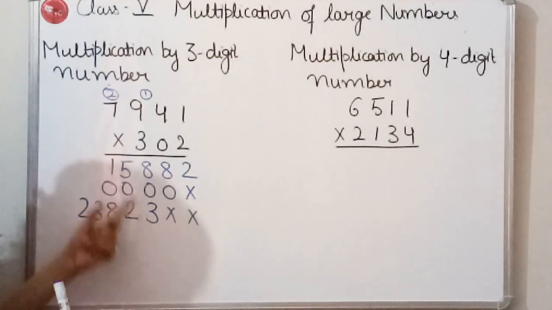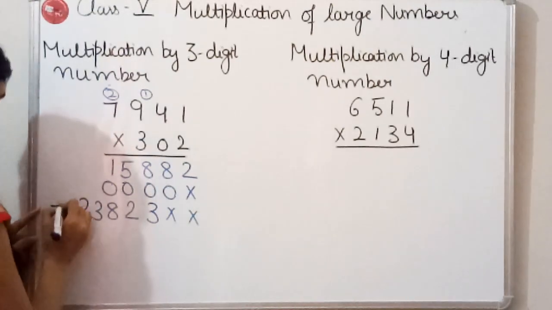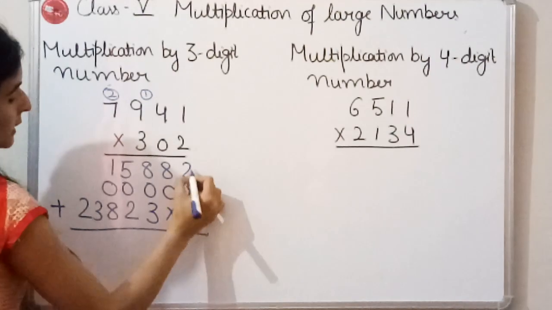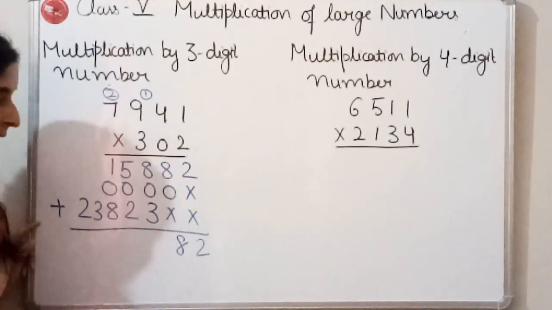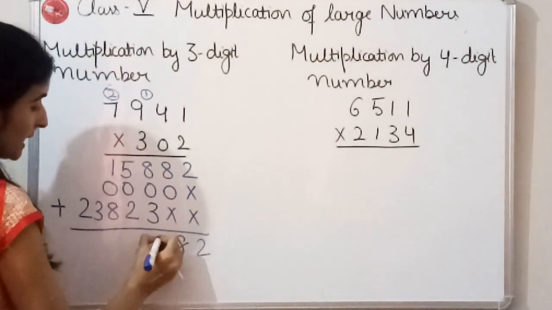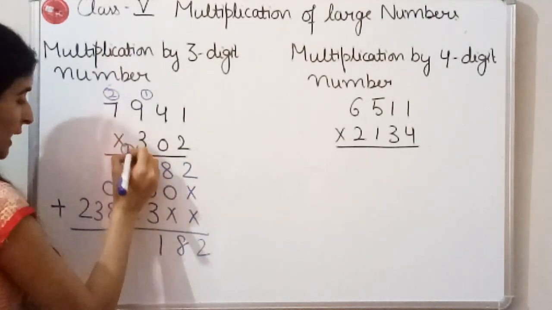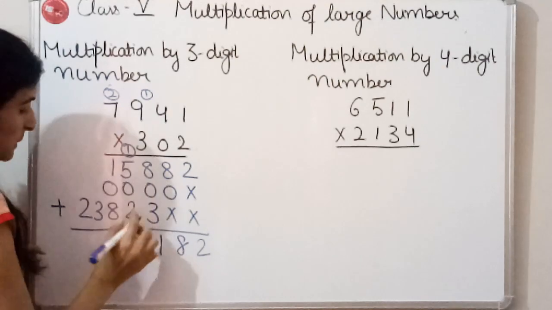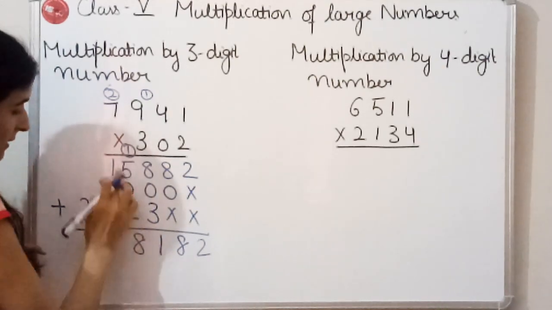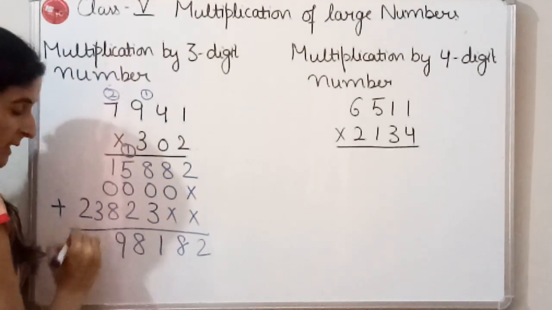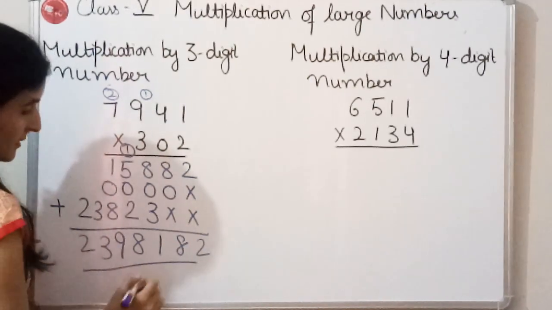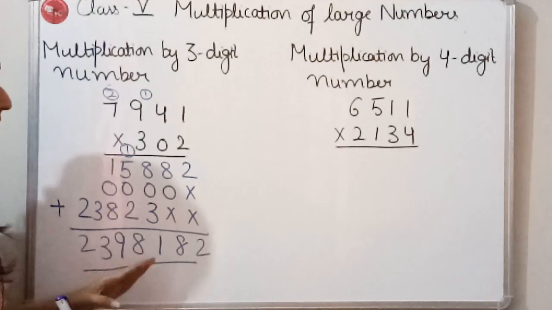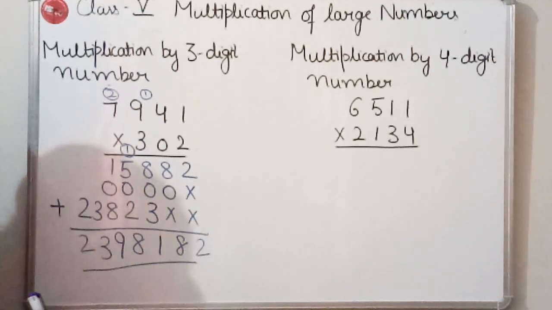We have to add all these products. 2 plus 0 is 2, 8 plus 0 is 8, 8 plus 3 is 11, 1 plus 5 is 6, 6 plus 2 is 8, 1 plus 8 is 9, and this 3 and 2 will remain as it is. Okay, this was about multiplication by 3-digit number.